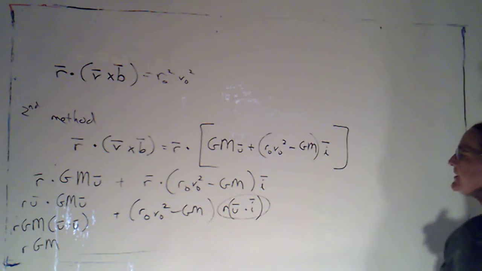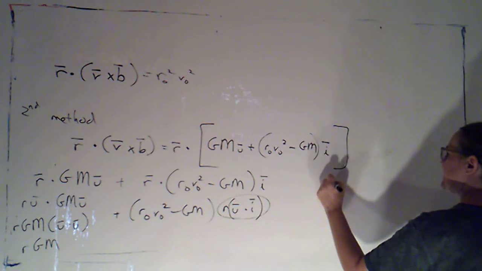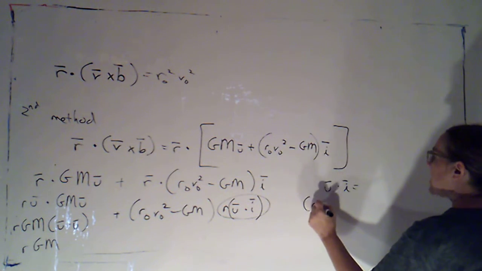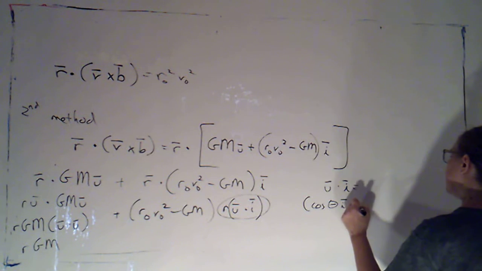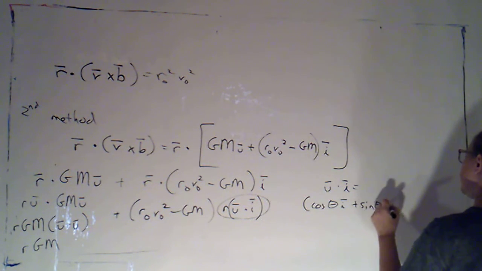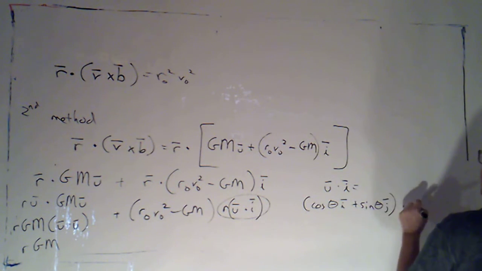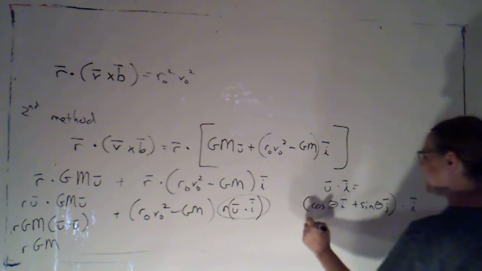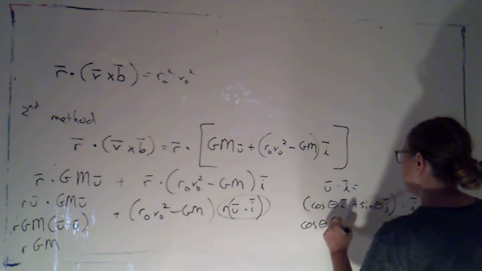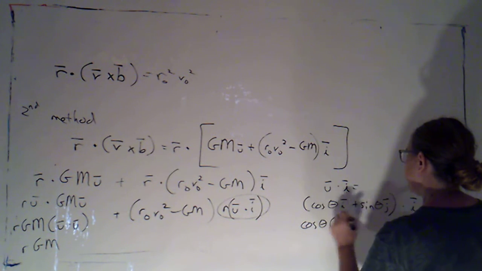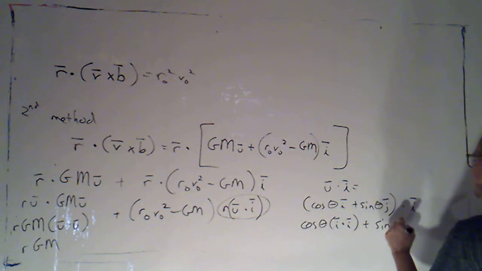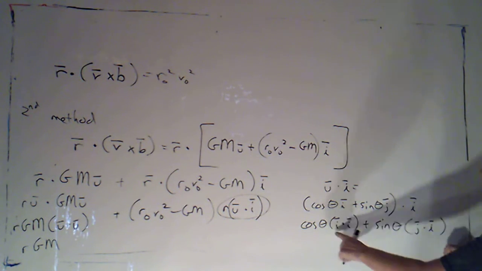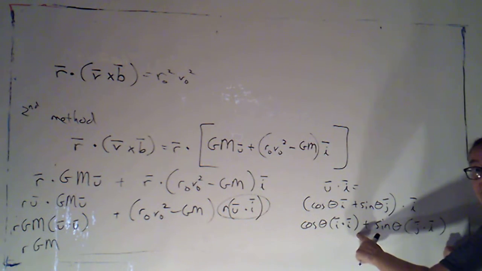Okay, so if I look at U dotted with I, just as some side work here. Remember U was cosine of theta I plus sine of theta j, and we're dotting that with I. So the dot product distributes. That's going to be cosine of theta times I dotted with I plus sine of theta times j dotted with I. But I dotted with I, again, I'm dotting a unit vector with itself.